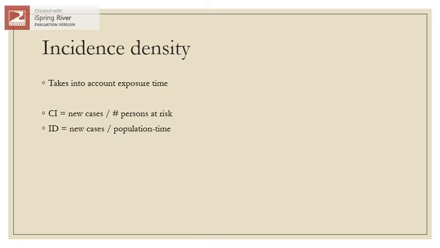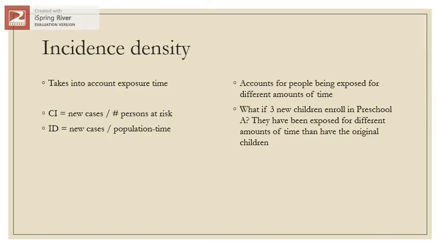That's a chemical that's been associated with lung cancer and some very dangerous health outcomes. If you worked at this factory for 50 years, your risk from asbestos is probably higher than somebody who worked at the factory for 1 year. That's what incidence density does. It accounts for exposure time, and it's very important in certain situations.